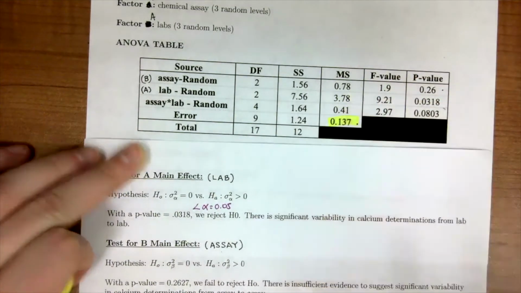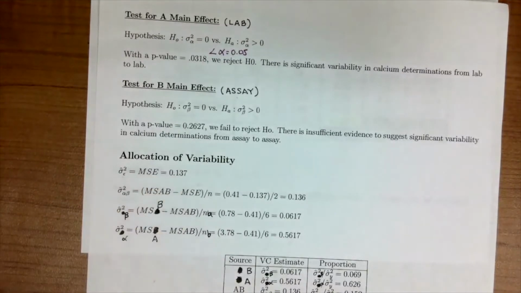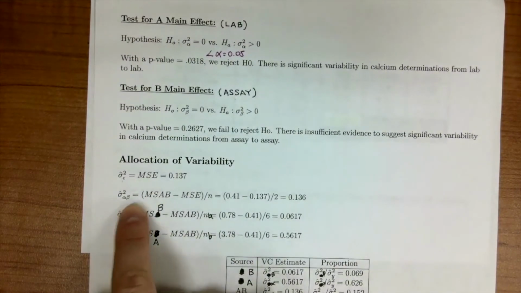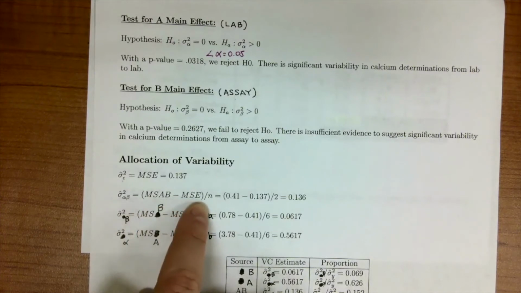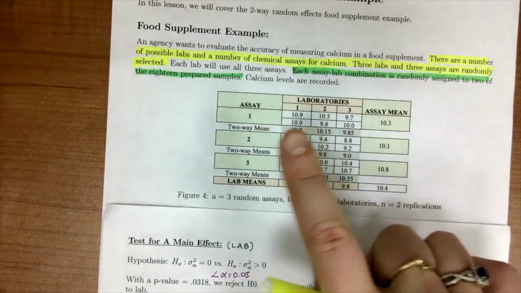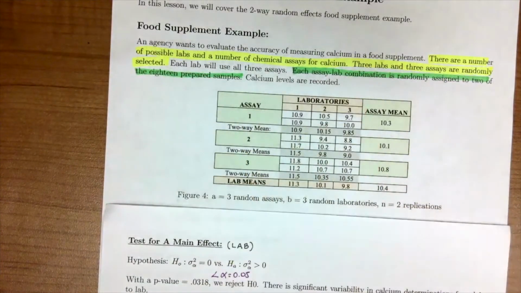Our variance component for our interaction is then MSAB minus MSE divided by n. Remember, n is our number of replicates. In this example we had 2 replicates per each assay laboratory combination.